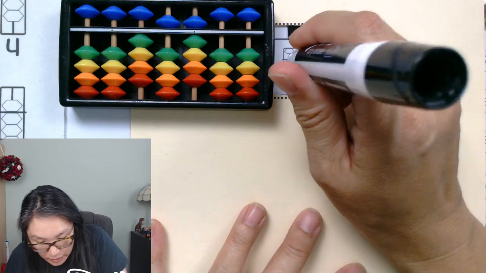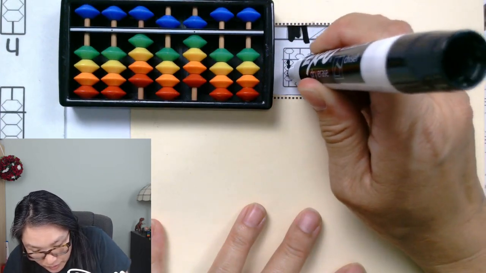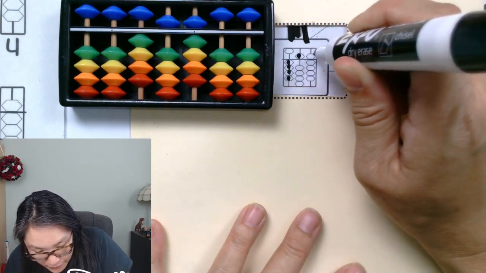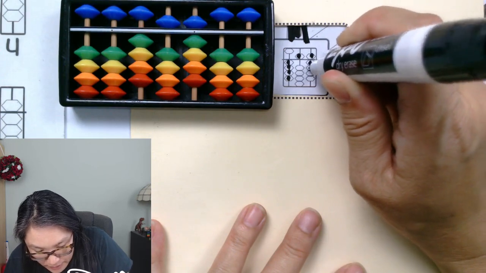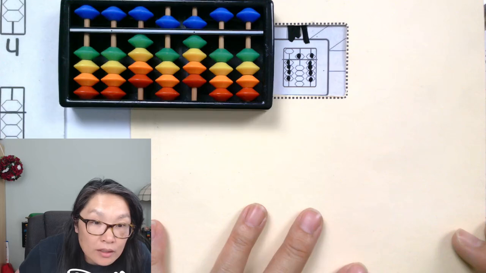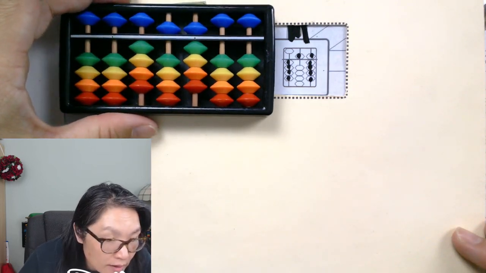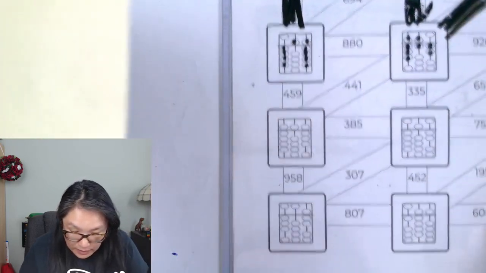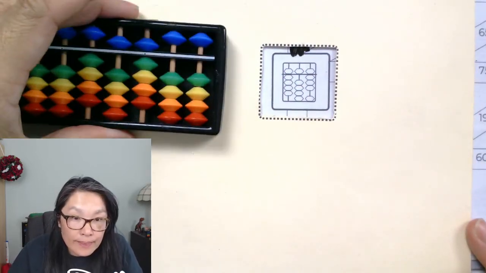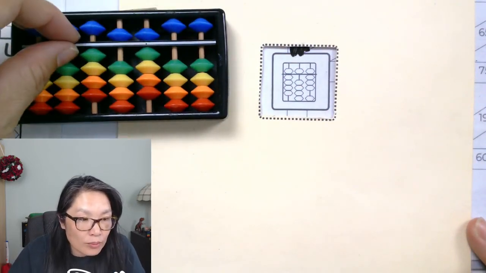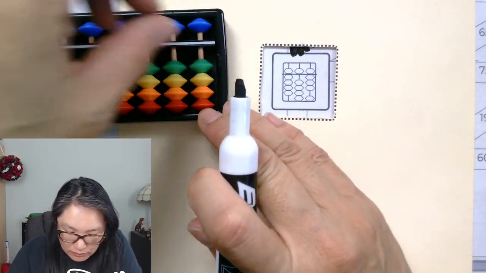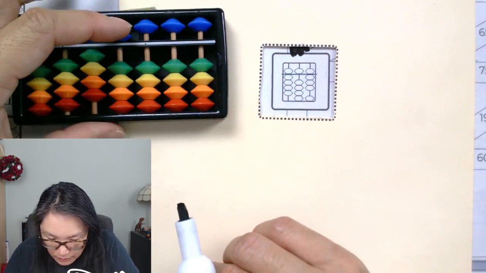500, 400. 1, 2, 3, 4, 5, 50. 1, 2, 5, 6, 7, 8, 9. Yes. 459. Yes, thank you, Kat. And then 459, we're here, and then we're here. We have this one, that one, this one.